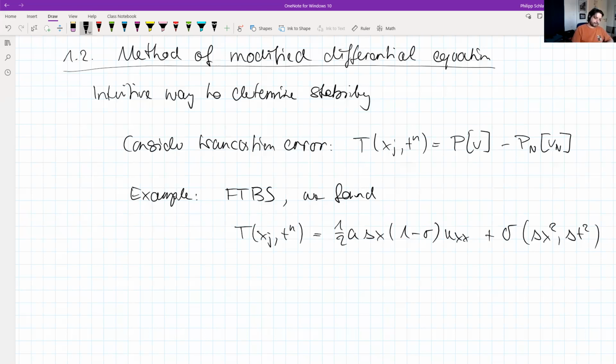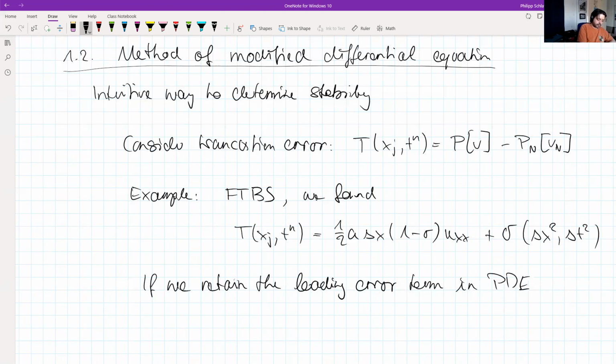Because if we now write our, so this is the truncation error. So this is what we have, this is the first error term that we get if we discretize the scheme. But what happens now if we retain this leading error term in the partial differential equation?